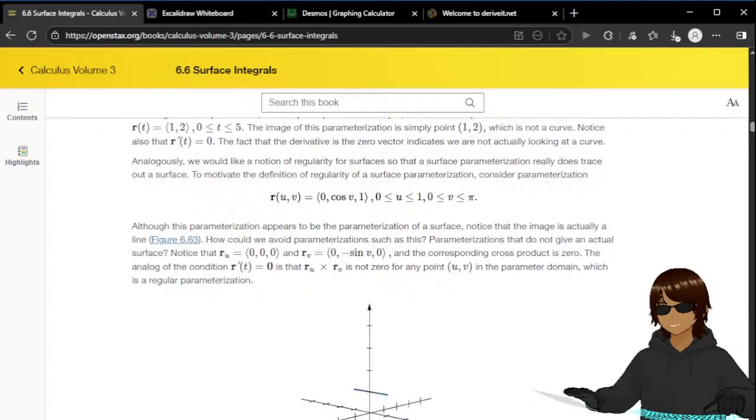How could we avoid parameterizations that do not give an actual surface? Notice that the derivative with respect to u is (0, 0, 0), and with respect to v it's (0, -sin v, 0). Its corresponding cross product is 0. The analog of the condition that the derivative of r is not 0 is that the cross product is not 0 for any point (u,v).